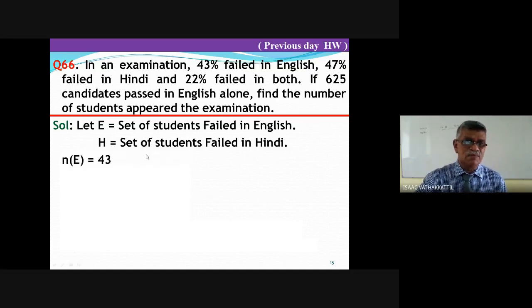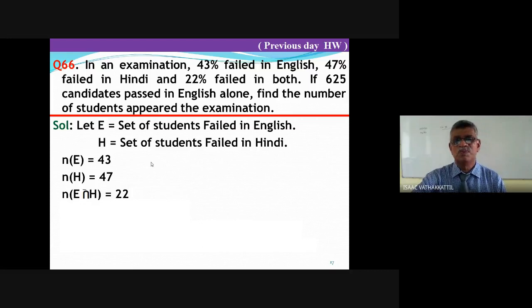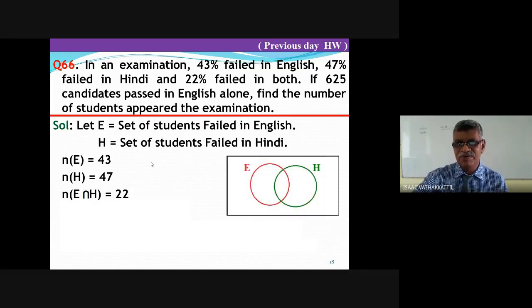You can take the percentage as a number, the total being 100. Number of E is 43, number of H is 47, number of E intersection H is 22. Any doubt you can ask me.